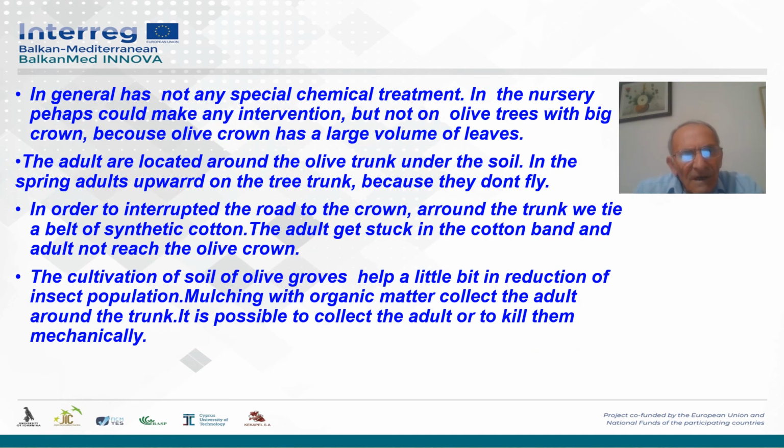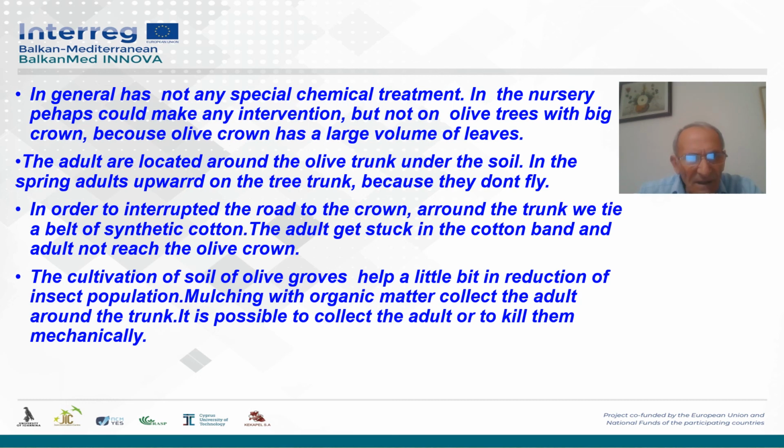In general, there are no special chemical treatments. In the nursery, perhaps an intervention could be made, but not in olive with a big crown, because, as I mentioned, the olive crown has a large volume of leaves and it is not a big problem. The adults are located around the olive trunk under the soil.